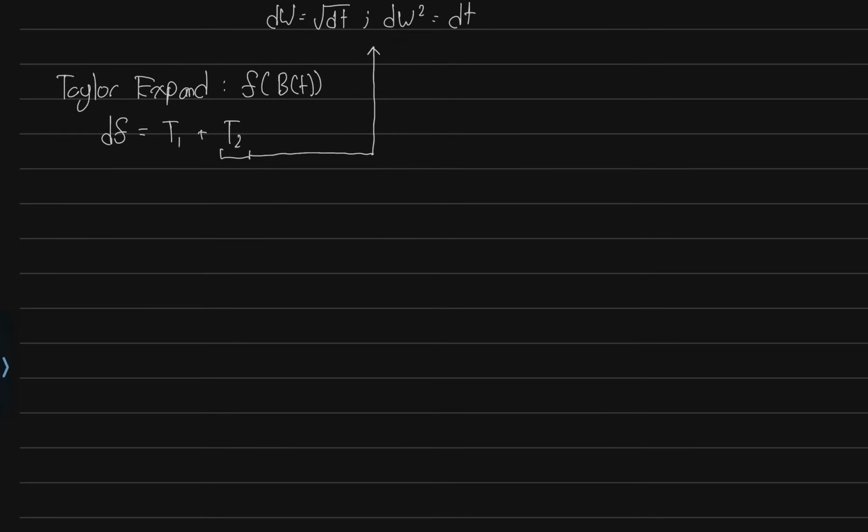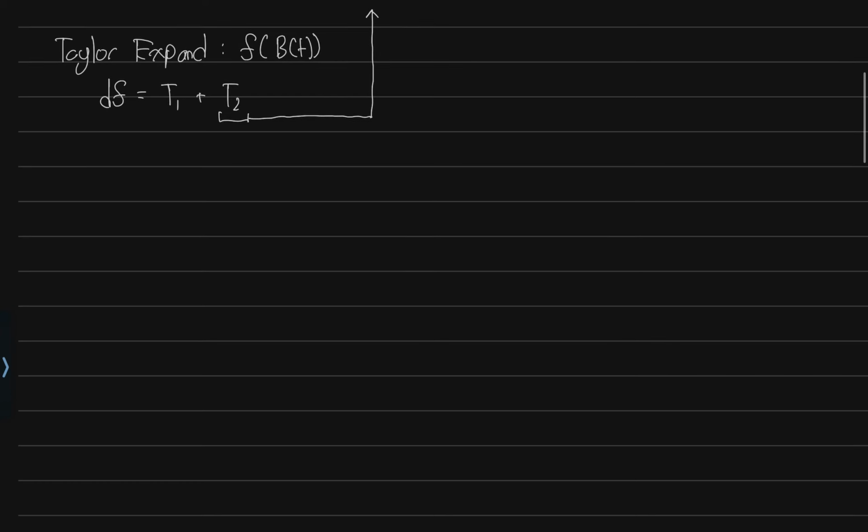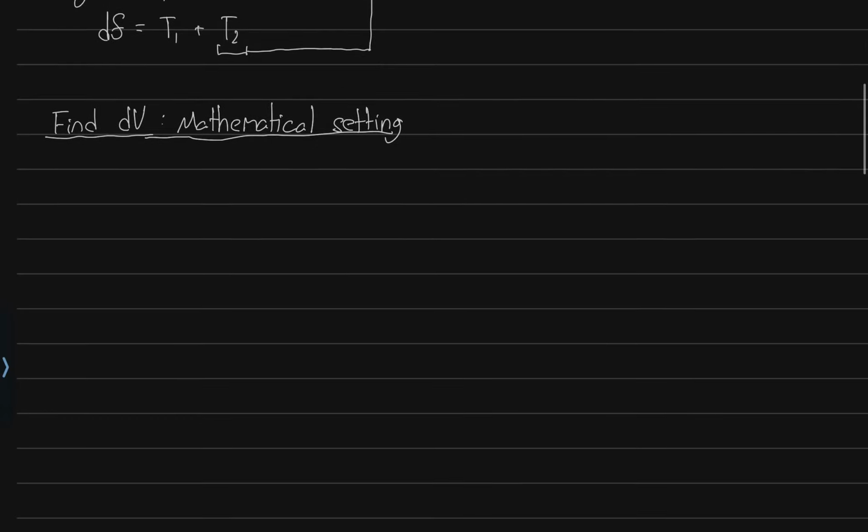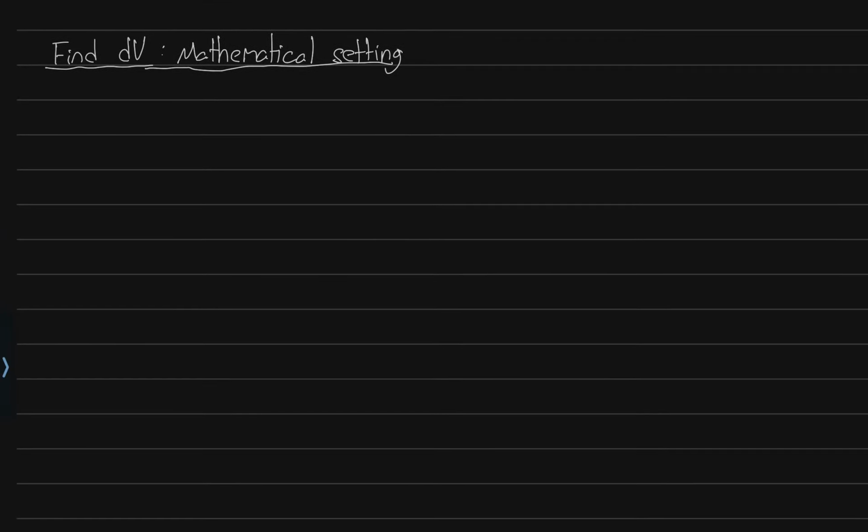Cool, now that we got those out of the way, let's actually find dV in a mathematical setting. So let's start off with our Taylor expansion, which is pretty simple.